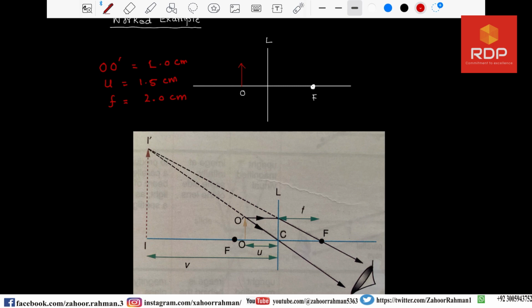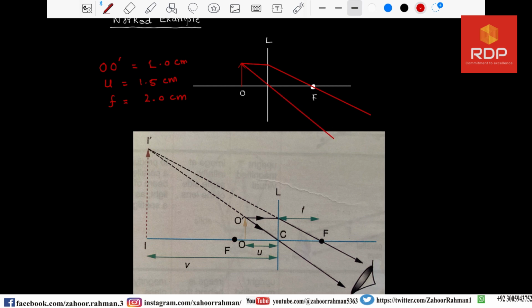So as you know, whenever you are drawing a ray diagram, you have to take one line from the head of the object, and then you have to bend it towards the focus point, and one line should go without any deviation from the optical center.